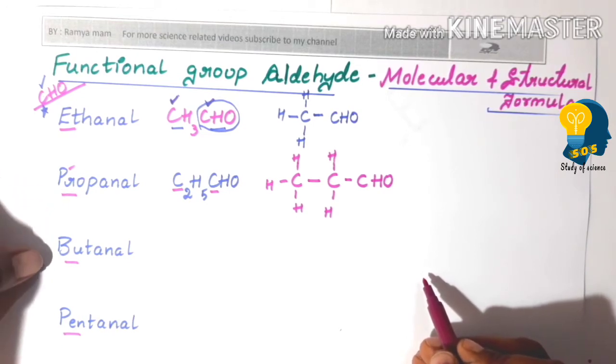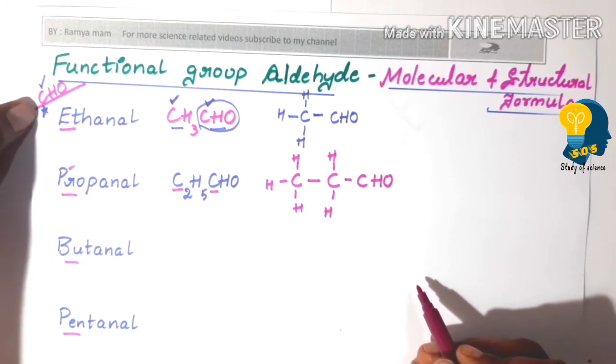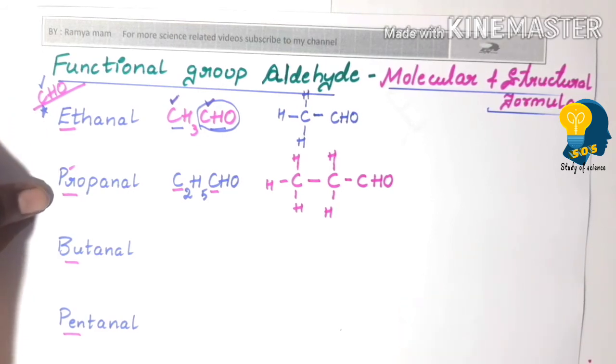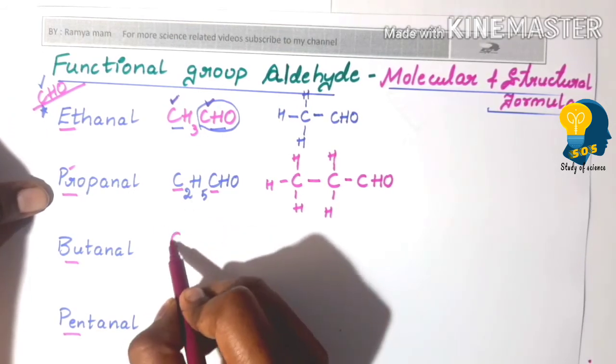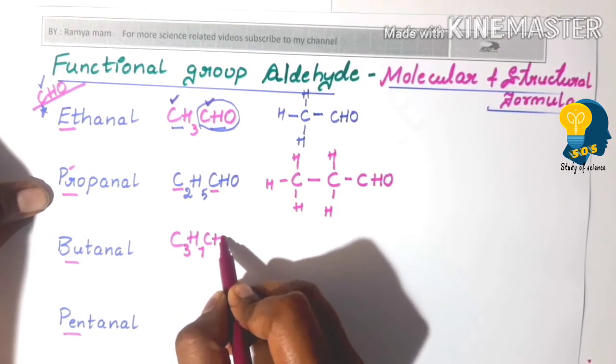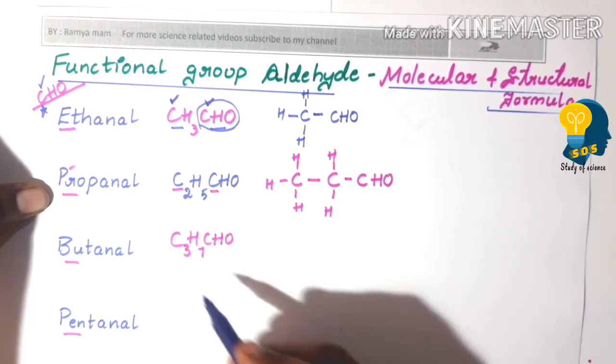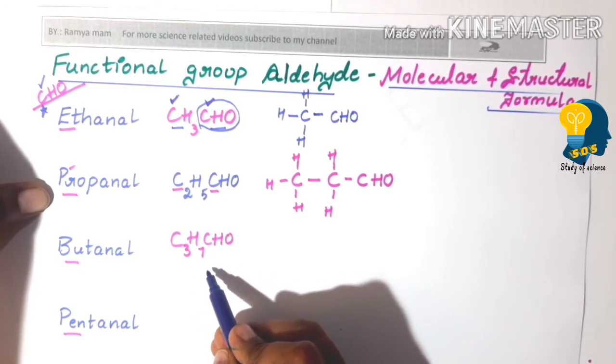Then coming to butanal. But means totally there are 4 carbon atoms. Out of 4, 1 is in the functional group. So it will be C3 now. The molecular formula is C3H7CHO. Now by looking at the molecular formula, it is very easy to write the structure.